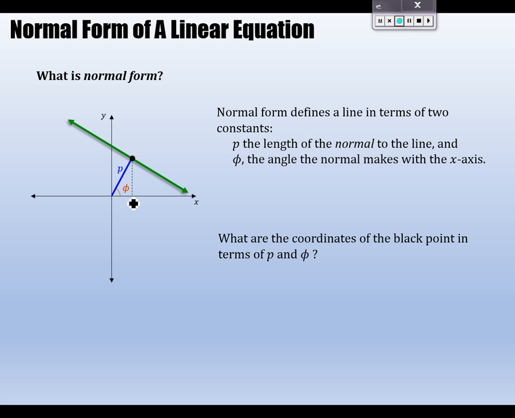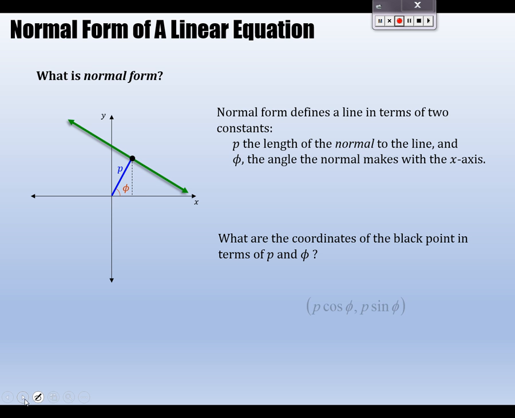The cosine of our angle phi is equal to x over p. Therefore, x is equal to p cosine phi. And similarly, y, which is this distance here, is equal to p sine phi. Do you agree? Did I say it wrong the first time? You said p sine. Oh, I'm sorry. P cosine phi for x, and p sine phi on the y-axis.